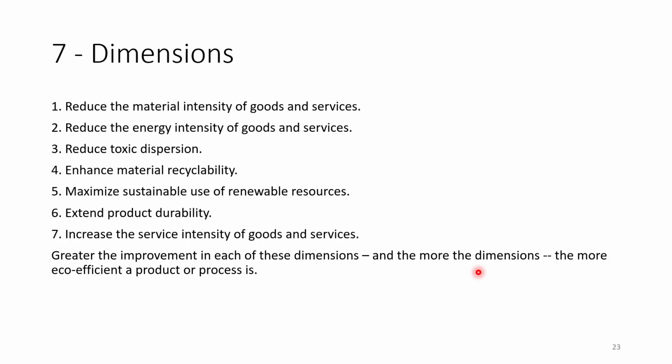Next, you have 7 dimensions. So these are seven dimensions. So first, to reduce the material intensity of goods and services and reduce the energy intensity of goods and services, reduce toxic dispersion, enhance material recyclability, maximize sustainable use of renewable resources and extend product durability, increase the service intensity of goods and services.